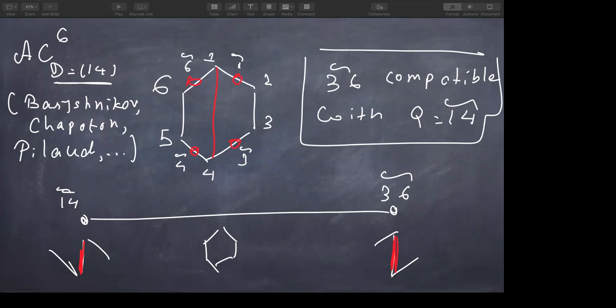So that is why I have not colored them. 1, 4 is the red chord, and the dual vertices which are in the edges next to it are 1 tilde 6 tilde and 3 tilde 4 tilde. But 2 tilde 5 tilde are not adjacent in that sense to 1, 4.